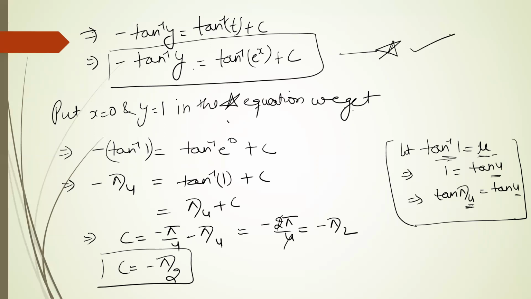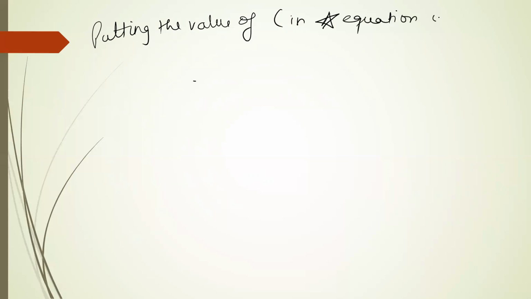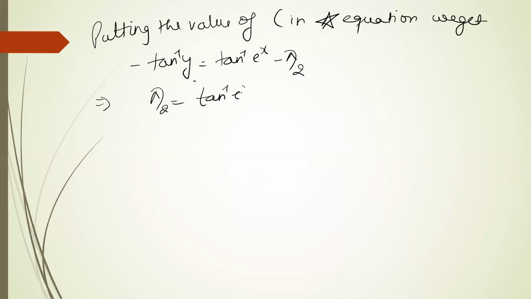So here, this is your general solution. Now you're going to put the value of c in your general solution. What will you get? Putting the value of c in the star equation, we get minus of tan inverse y equals to tan inverse e to the power x minus pi by 2, which can further be written as pi by 2 equals to tan inverse e to the power x plus tan inverse y.